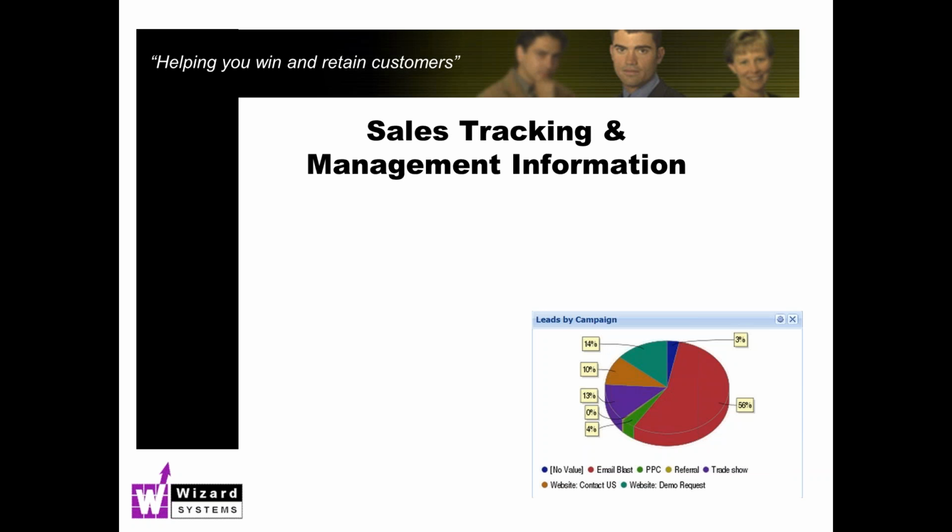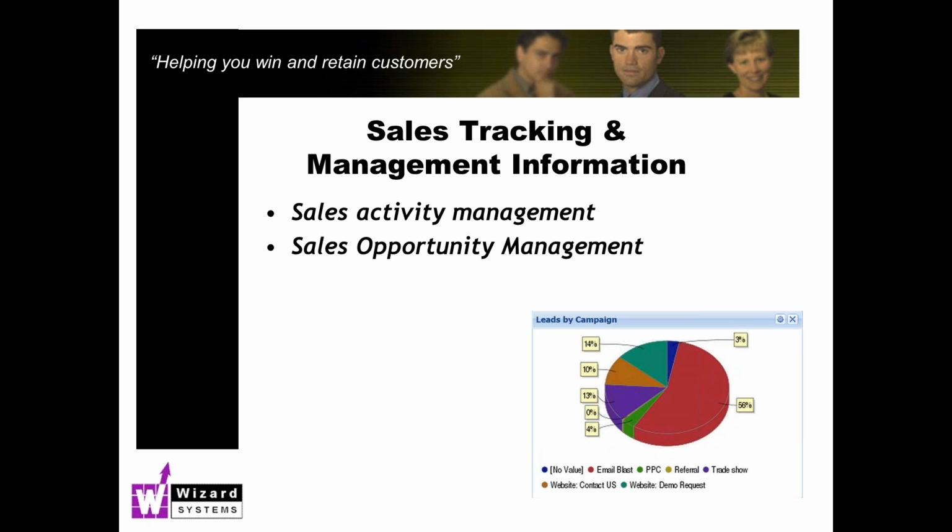So, last slide before we dive into the demo proper, putting your manager's hat on, using Workbooks. Hopefully you can see now we've got a great way of keeping an eye on our sales activity levels. How many leads are coming in? How many calls are we doing? How many meetings are we doing? Your opportunities, what sales are due in? If we lost a sale, why did we lose that sale?